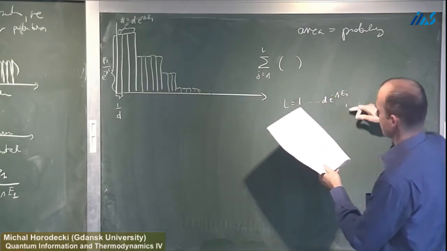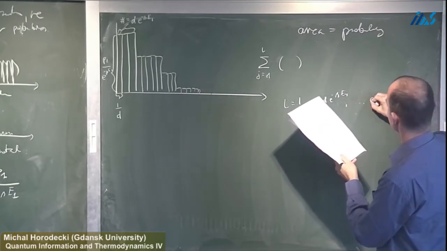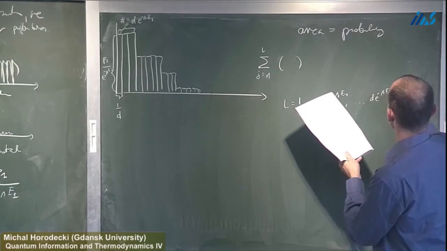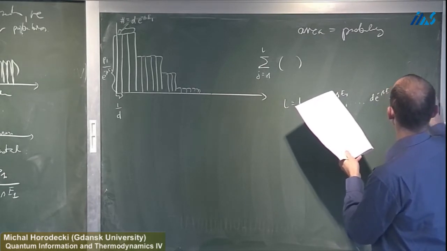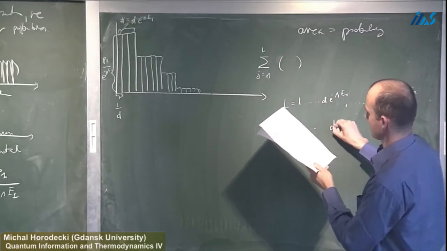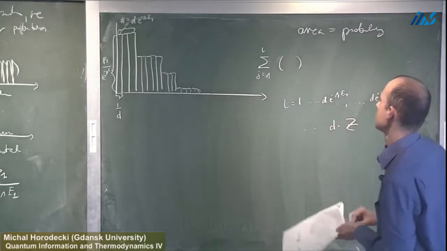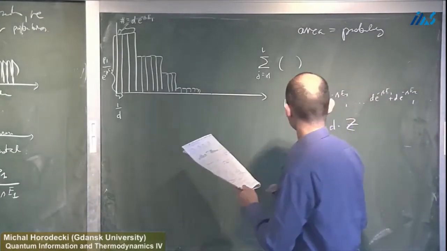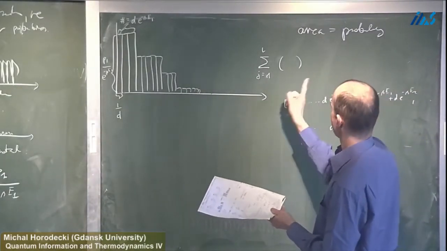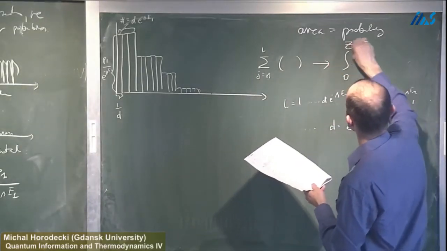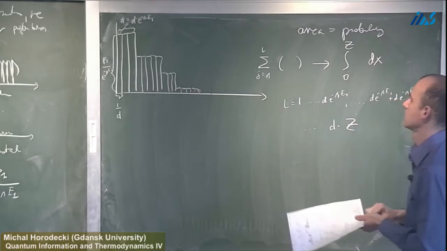Then we have the second group, plus, until I have all groups, so it is D times 2Z. So L goes through so many. Therefore, a natural change is that I will go from 0 to Z dx, right?